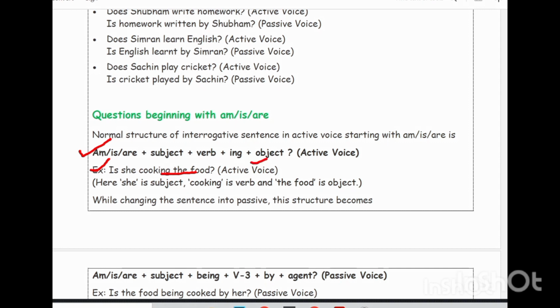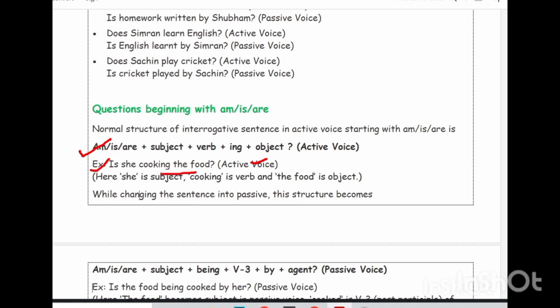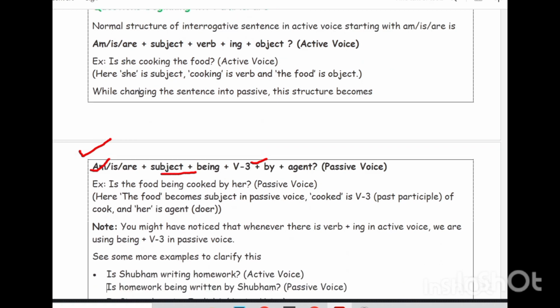Now when we change the sentence into passive voice, the structure becomes am, is, are plus subject plus being plus third form of verb plus by plus agent.